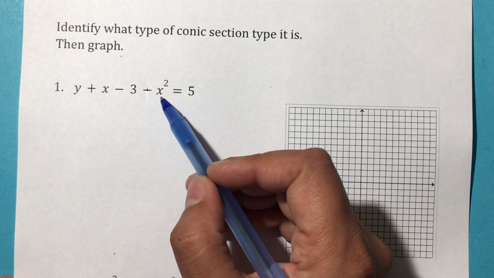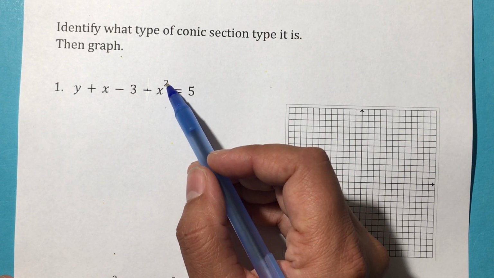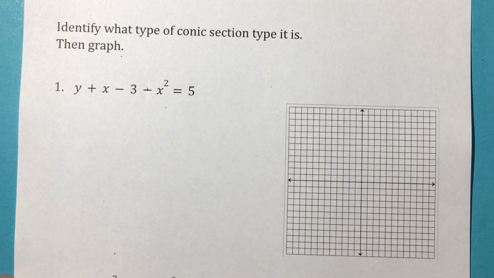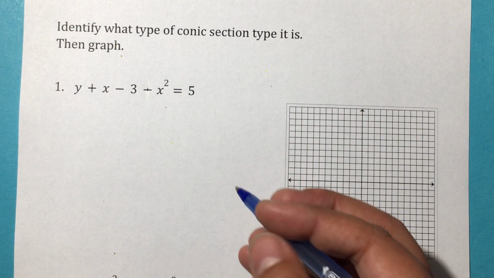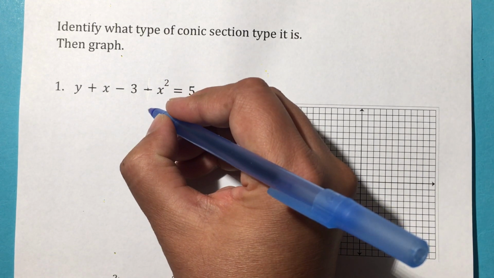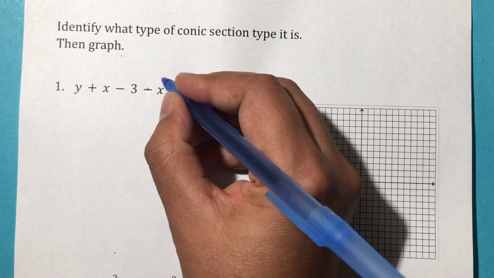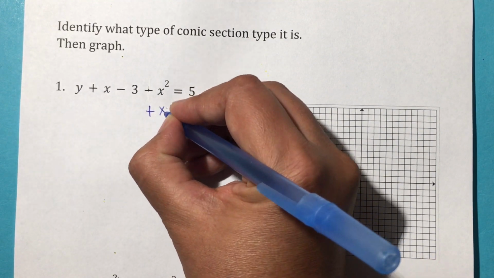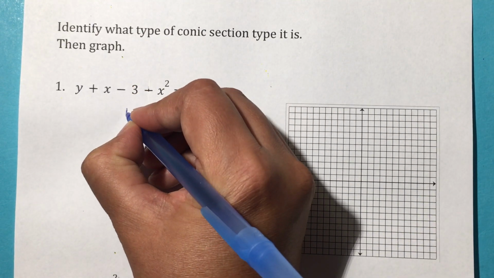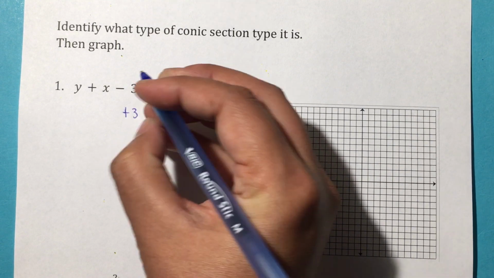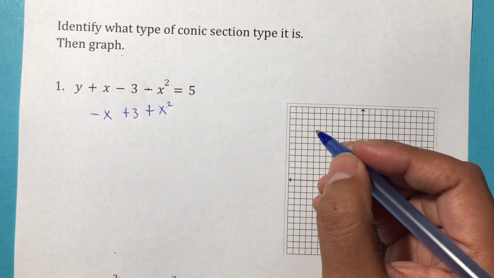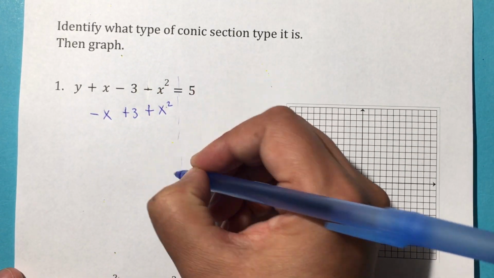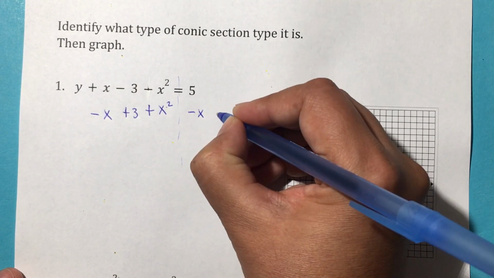So for number 1, x is squared but not y. That means it's going to be a parabola opening so that it hugs the y axis. The first thing you want to do when that's the case is isolate the y. So we're going to get rid of x squared, and also get rid of that and that as well. But if we do it on one side of the equal sign, we have to do it on the other side.